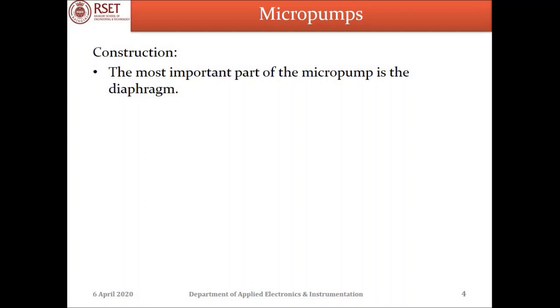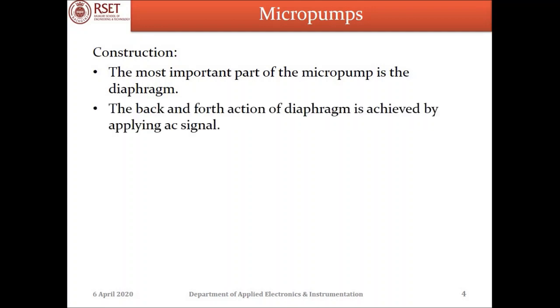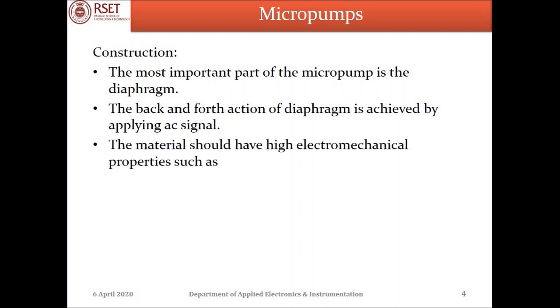The most important part of a micropump is the diaphragm. As I said, the back and forth action of the diaphragm is achieved by the application of an AC signal.